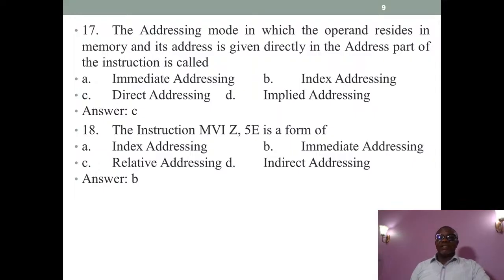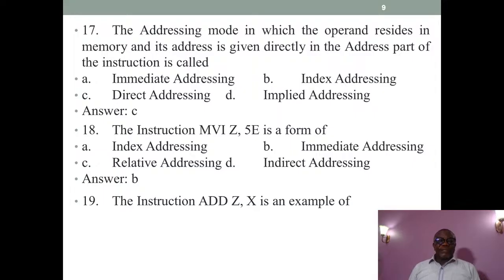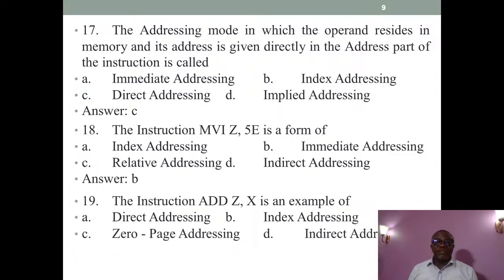So that is immediate addressing. You are not telling it to get data from another register and send to another register. You are moving data direct to register Z. So immediate addressing. 19: the instruction ADD Z X is an example of: direct addressing, index addressing, zero page addressing, indirect addressing.